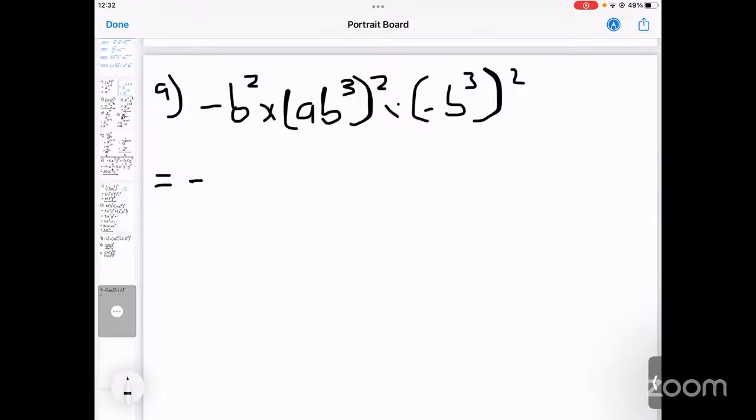Okay, so you say negative b squared times ab to the power of 3 and times b to the power of 6.